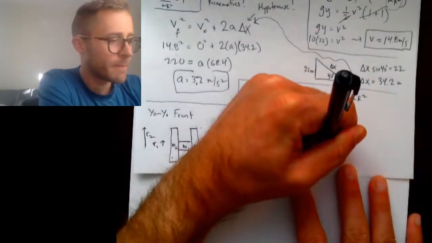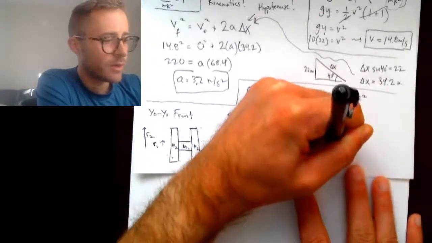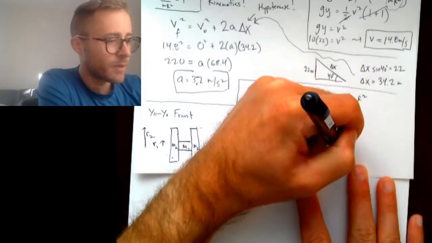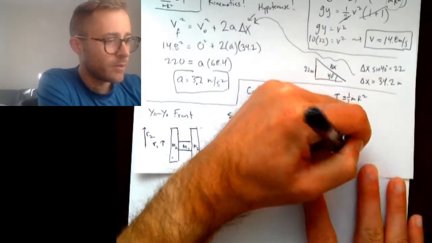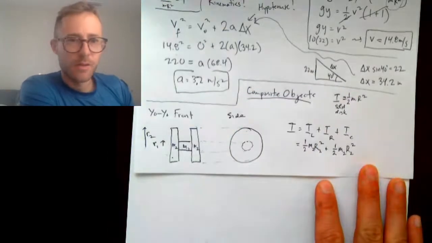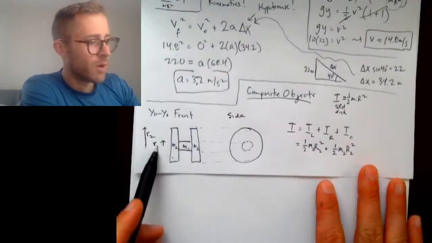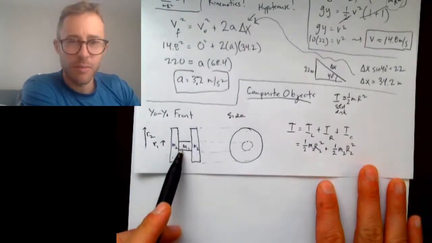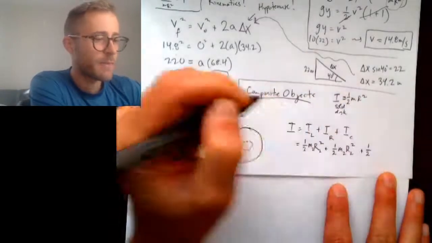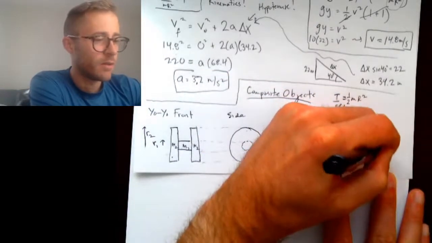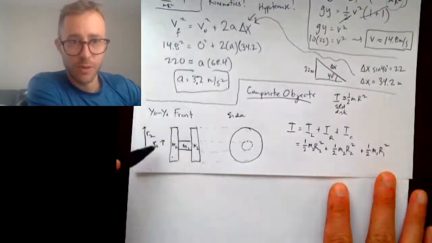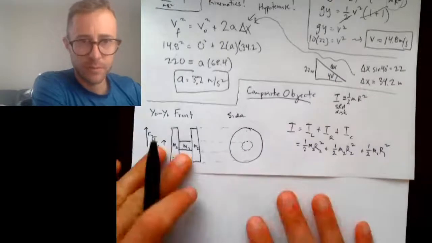So plus 1/2 m2 r2 squared. That's the right part. The center has a smaller radius and a different mass. So for the center, we have 1/2 m1 r1 squared. So this would be the inertia of the yo-yo, which is built up out of 3 different parts.